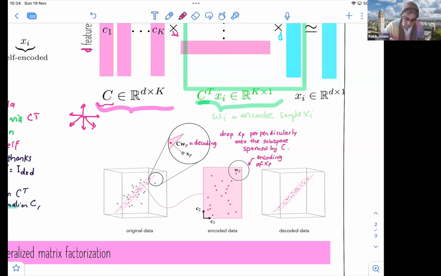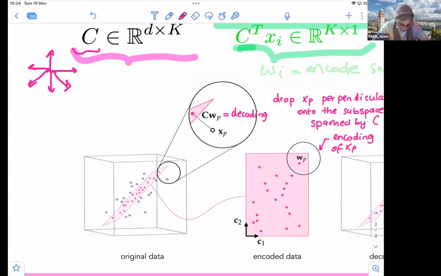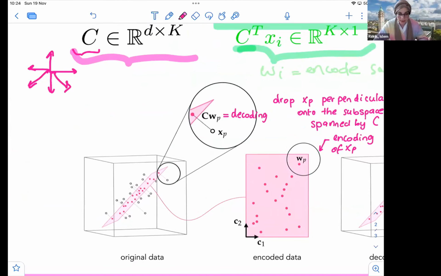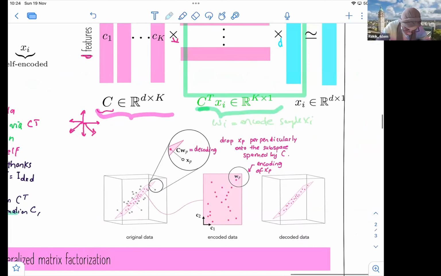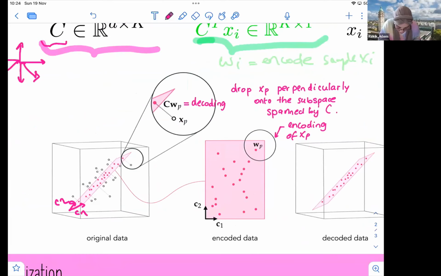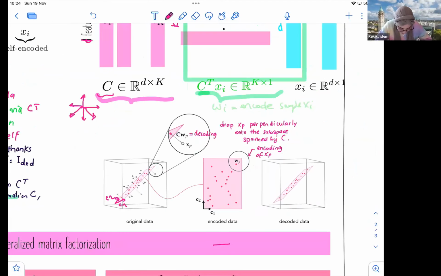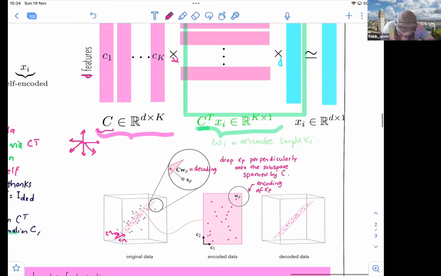And now here what we have. First we have our original data, which lives in a 3-dimensional space. Now we defined a new space spanned by C1, C2. C1, C2 are these vectors. When we project the data, when we encode the data into the new space, what happens here? We are actually getting the P vector.